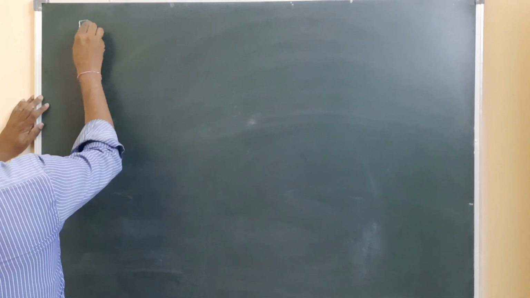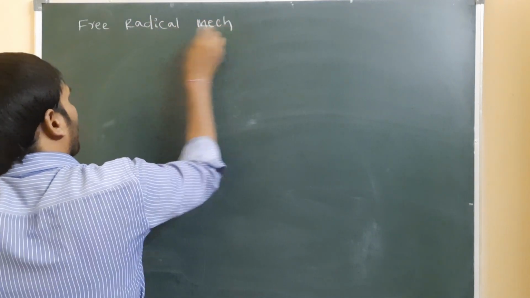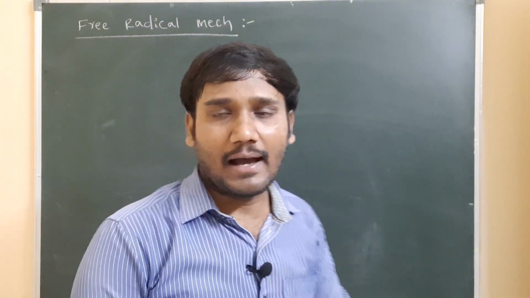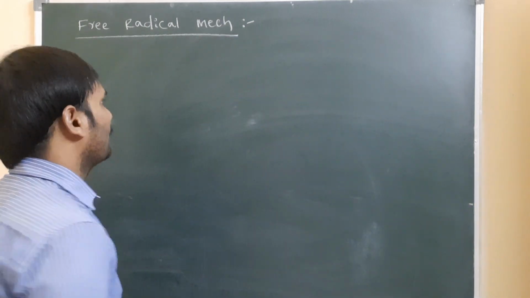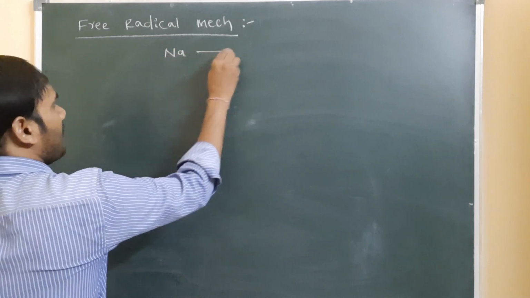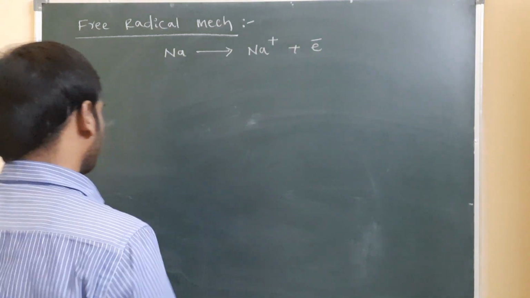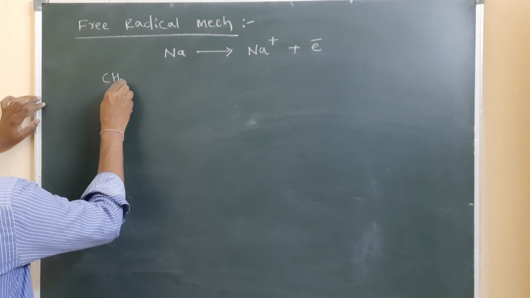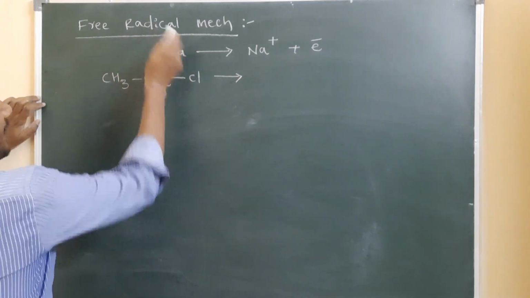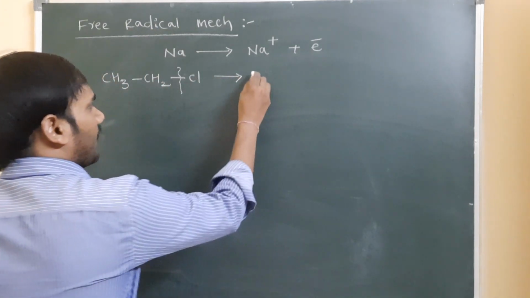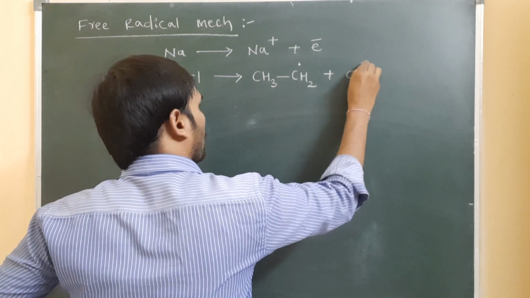Let us discuss how the two types of mechanisms take place in the Wurtz reaction. First is the free radical mechanism, in which the alkyl halide is converted to alkane. We take sodium metal, which loses one electron and is converted to Na+. Next we take an alkyl halide, for example ethyl chloride. In the free radical mechanism the bond breaks equally, giving the CH3CH2 free radical plus a chlorine free radical.